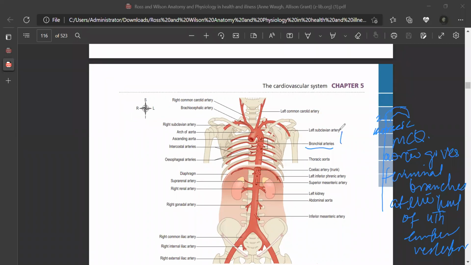The bronchial arteries, paired branches, supply the lung; the esophageal arteries supply the esophagus; the intercostal arteries supply the intercostal spaces; and the superior phrenic arteries supply the diaphragm from above. These are some of the branches which arise from the thoracic part of the descending aorta.